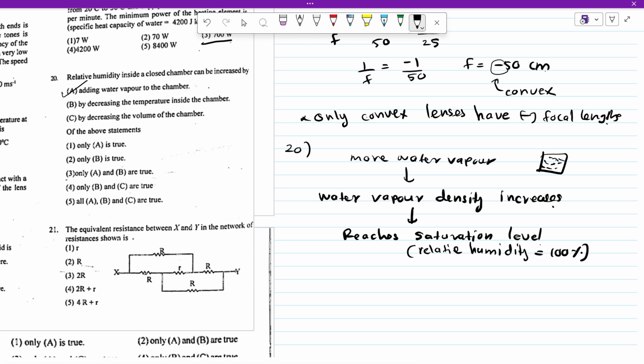By statement B, decreasing the temperature inside the chamber. How are we supposed to resolve that? The amount of water vapor required to saturate at low temperature is low. For water vapor to become saturated, we need higher temperatures.